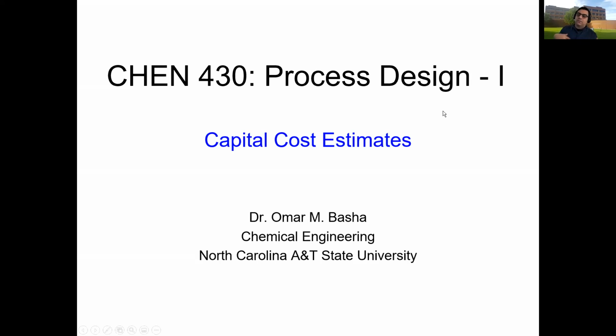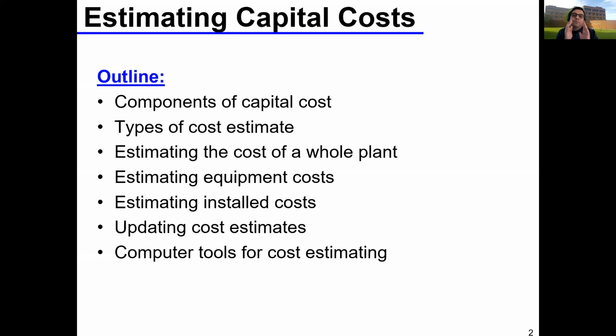Okay, capital cost estimates. Let's introduce the idea of estimating capital costs and how this fits into your overall design. So the outline here: we're going to talk about the components of capital costs, the types of cost estimates, estimating the cost of a whole plant, some equipment costs, estimating the equipment costs, installation costs, updating your cost estimates, and then finally, maybe some computer tools for cost estimating.